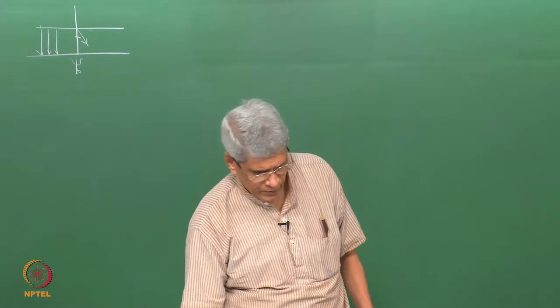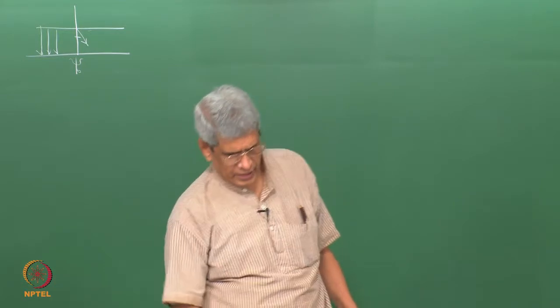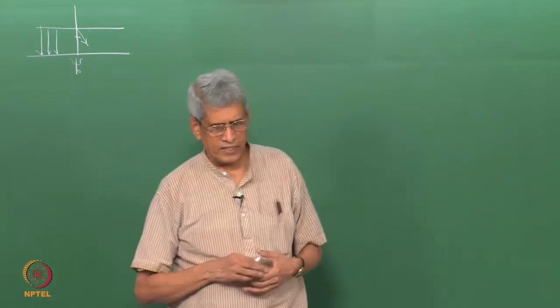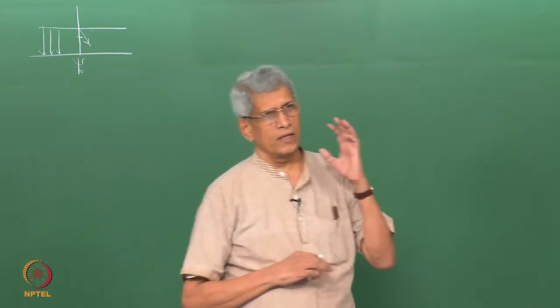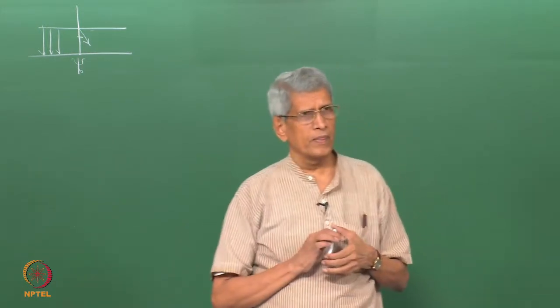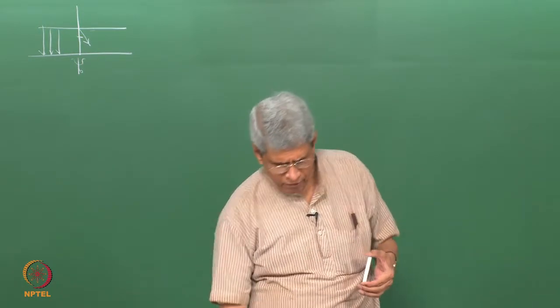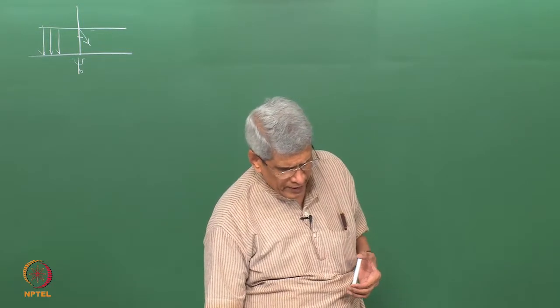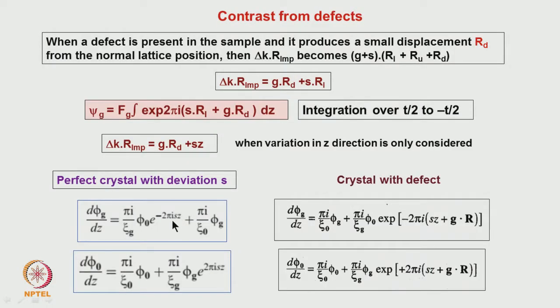Then I also mentioned that if the sample contains a defect, then this SZ will be modified, the defect term will also come in. So this is how the equation will change, correct. Then the solution to this equation has to be found.